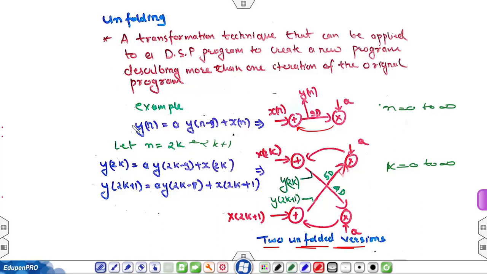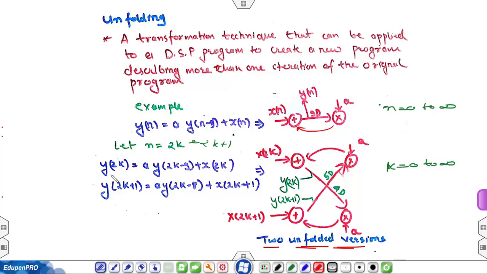So consider a DSP program given by the equation y[n] = a·y[n-9] + x[n], and its block diagram representation is shown here. The value of n is from 0 to infinity. Now let n be equal to 2k and 2k+1.